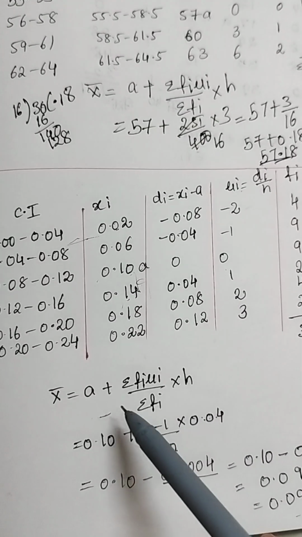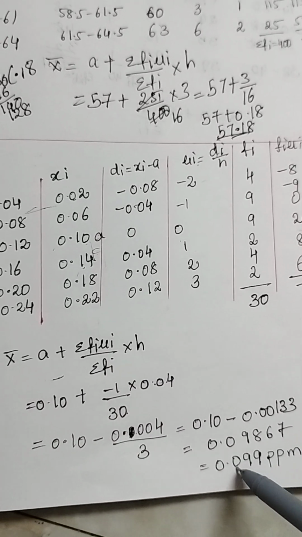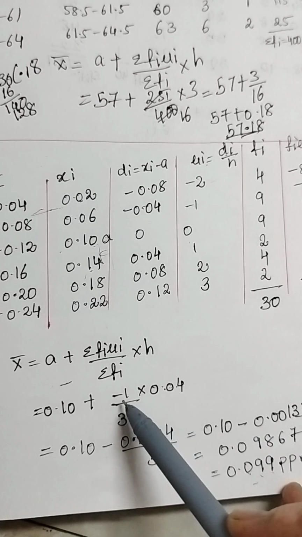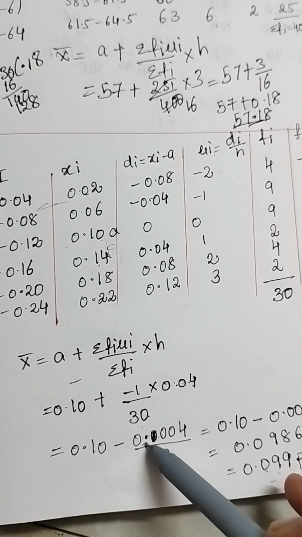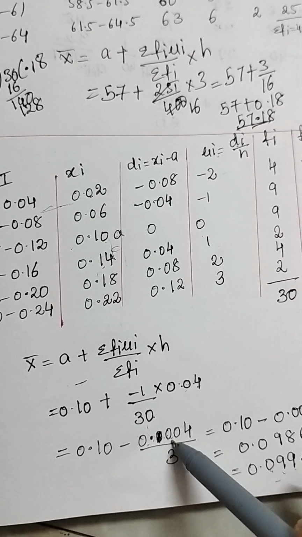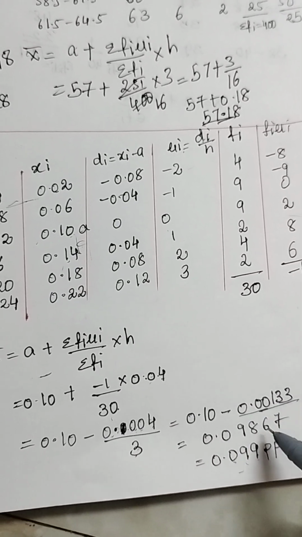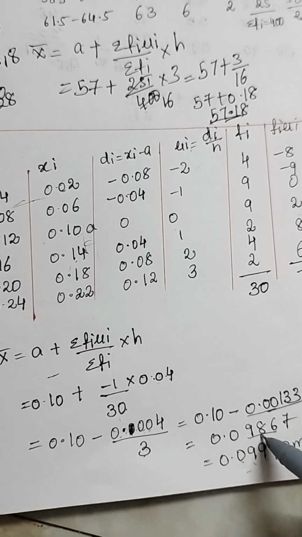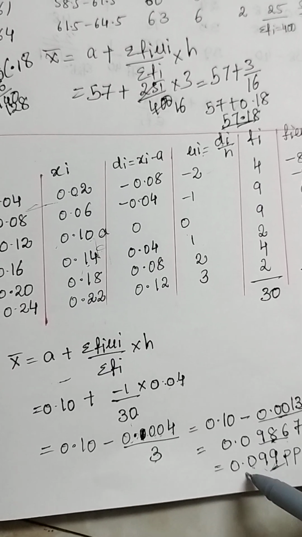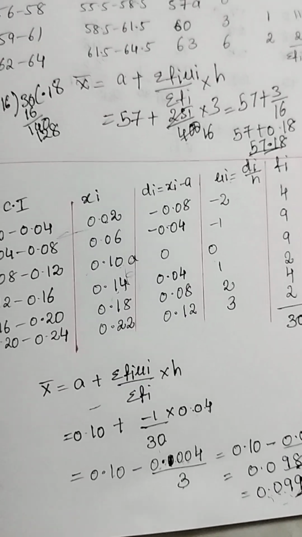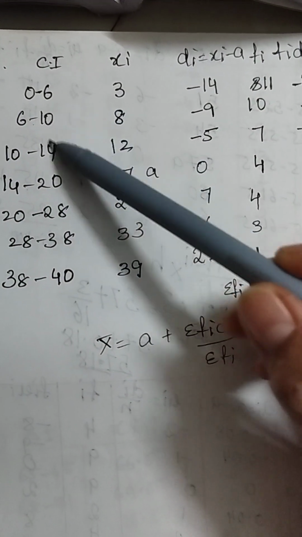So substitute in the formula: A plus summation Fi ui into h by summation Fi. So this one, minus 0.4 by 30, so you will get minus 0.004 by 3. So if we divide, you will be getting the answer. See, this one I rounded off, because 86 means you can write it as 9. So 0.099 is the answer.